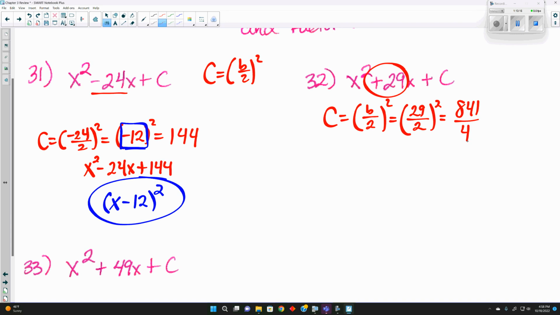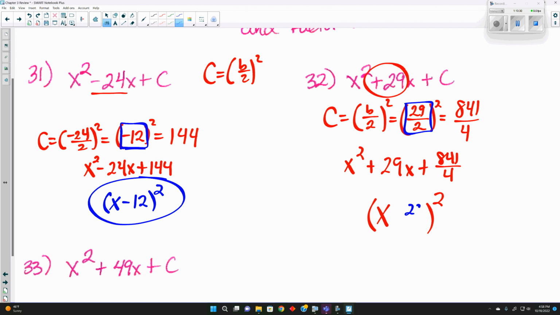And that's our value of c, really telling us that we have x squared plus 29x plus 841 over 4. Now this here will factor, and we'll have x. And just like the one before, whatever we have inside the parentheses before we square it will be what goes inside the parentheses here when we factor, with the same sign. Since it was positive, it's going to be plus.